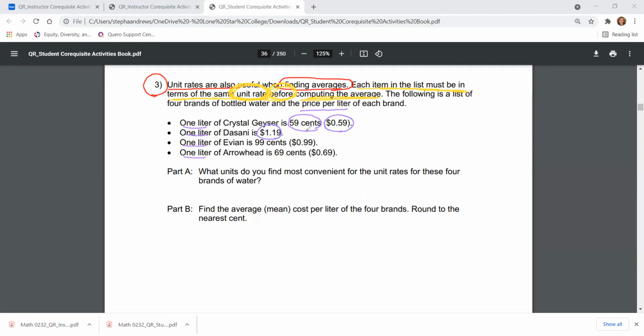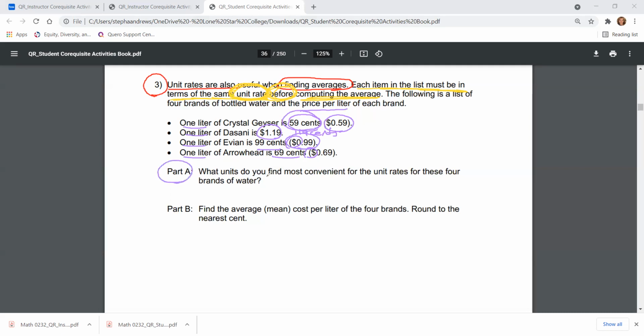So here's dollars. They didn't even tell us this one. It would be 119 cents. Cents, dollars, cents, dollars. So it does not matter how you calculate this, either using all the dollars or all of the cents. You just can't take cents and combine them with the dollars. That's where you're going to get wrong information in your calculations.